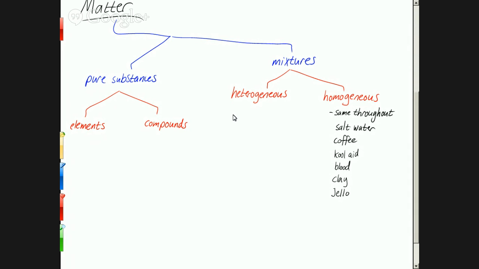So the book's official difference is not a uniform composition. What is the invisible difference?